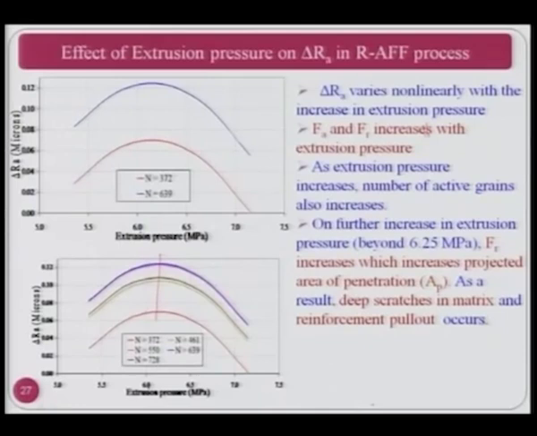On further increase in extrusion pressure, that is beyond 6.25 megapascal, FR increases, which increases the projected area of penetration AP. As a result, deep scratches in matrix and reinforcement pullout occur, and as I have already mentioned, if deep scratches or pullout are there, then delta RA is going to decrease.